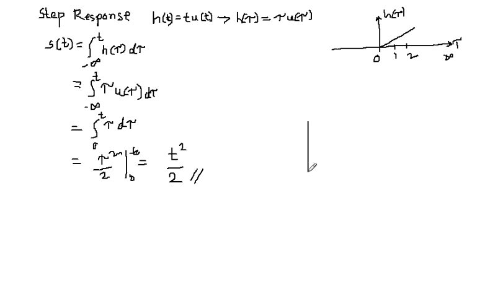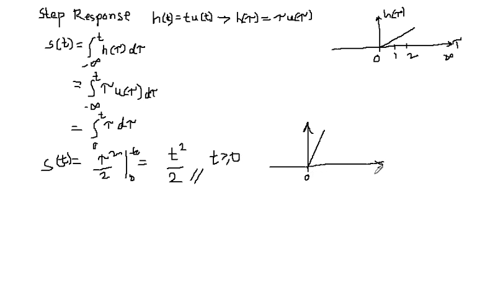T square by 2 would be this kind of signal, this is s of t. This answer is there for t greater than or equal to 0. So as long as t is greater than or equal to 0, this answer is acceptable.